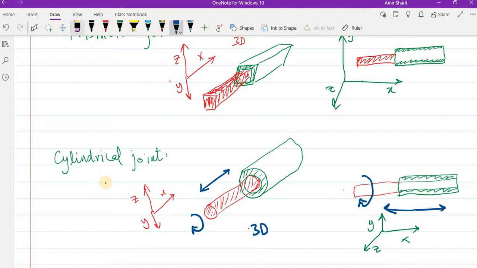In 2D we don't actually have the z-axis. So it can move along the x-axis and also rotate about the x-axis, but it cannot move along the y-axis. So in 2D it has 1 constraint, and the degree of freedom will be 2.